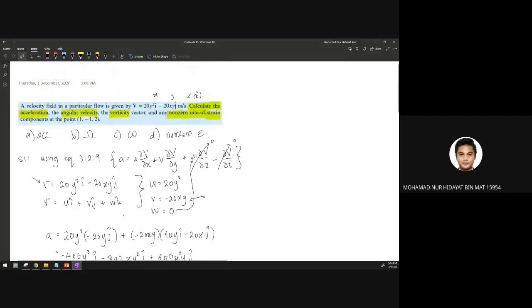So question D, any non-zero rate of strain, right? You must want to know what is rate of strain. Remember, the rate of strain is basically the deformation.